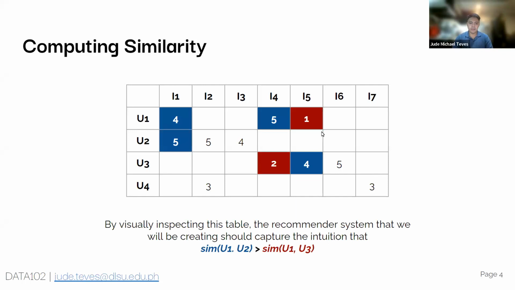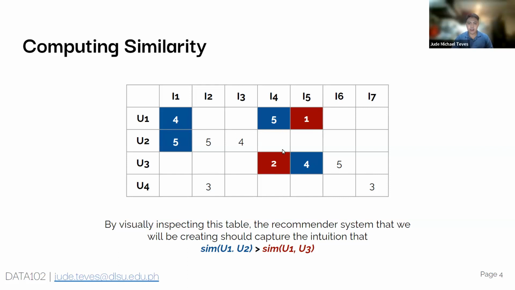By visually inspecting this table, the recommender system that we will be creating should capture the intuition that the similarity of user 1 and user 2 should be greater than the similarity of user 1 and user 3. Because the values for U1 and U2 are more or less high, but the rating for U1 on I5 is 1, while for U3 it's 4.